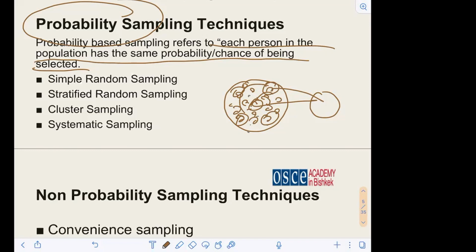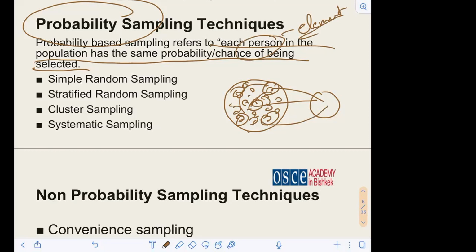That's basically the probability sampling technique, where each element has an equal chance to get selected, to come into the sample. I have used the word person, but you can also use the word element.